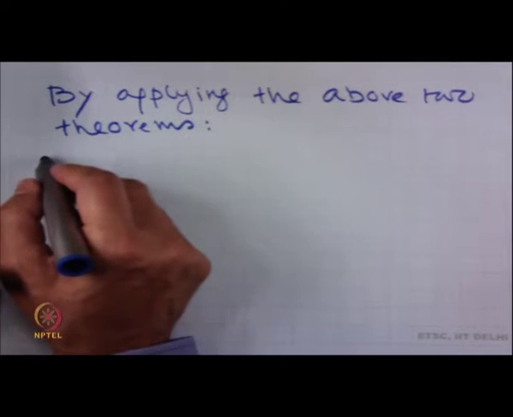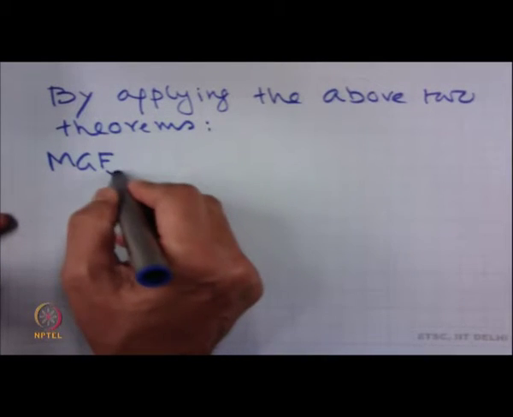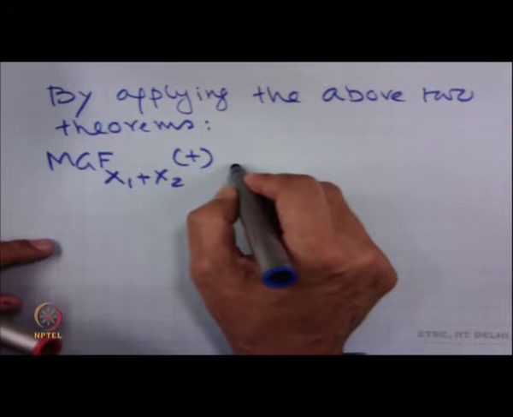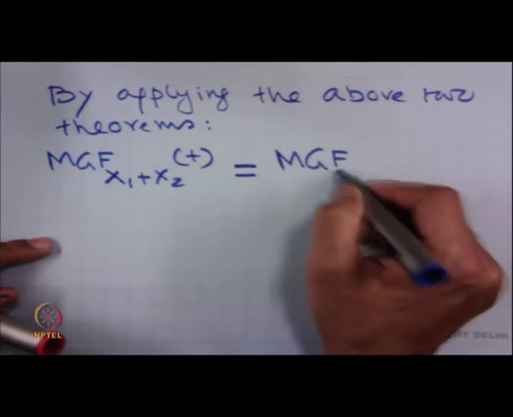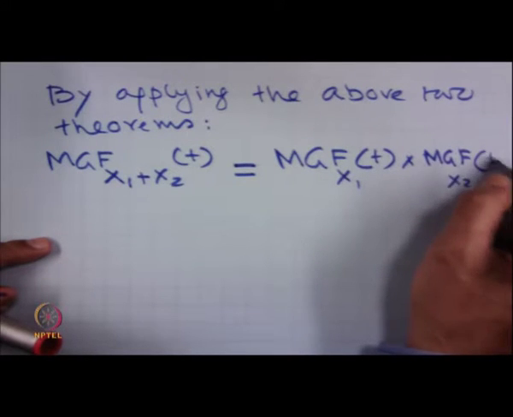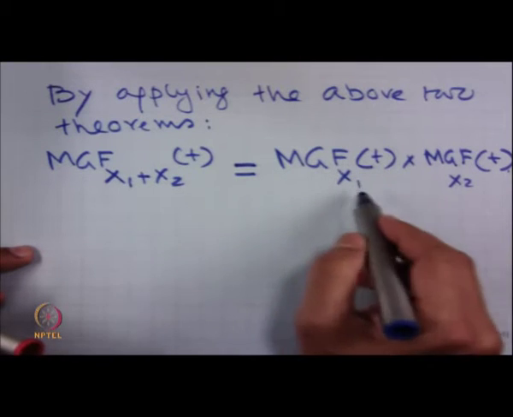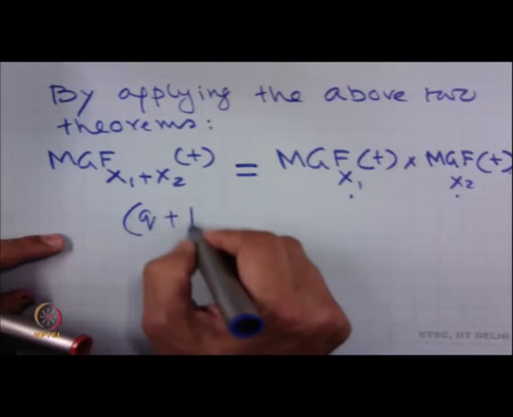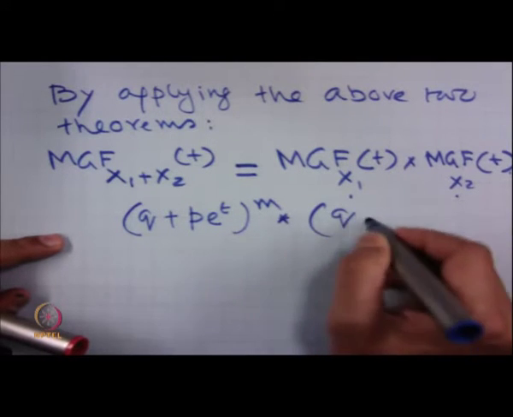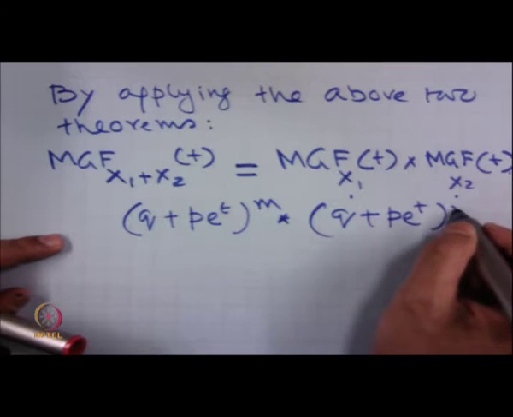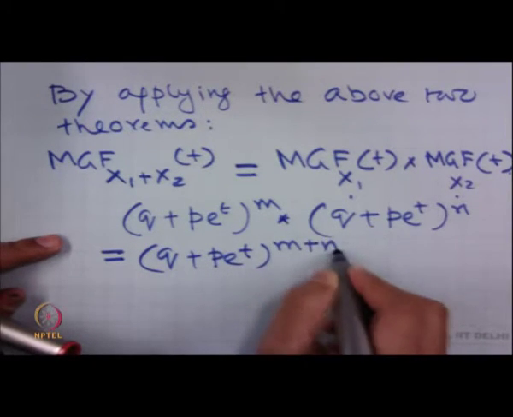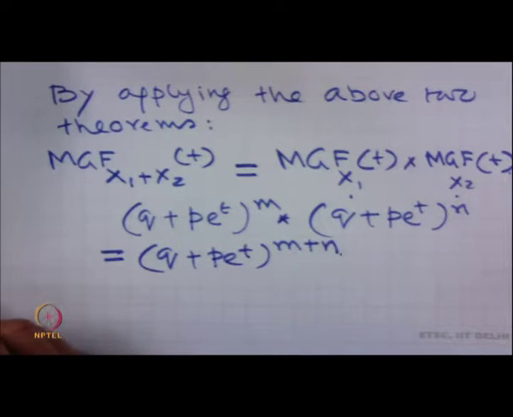we can see that moment generating function of X1 plus X2 at t is equal to moment generating function of X1 at t into mgf of X2 at t, and when they are binomial, then we can write it as (q plus p e to the power t) whole to the power m multiplied by (q plus p e to the power t) whole to the power n is equal to (q plus p e to the power t) whole to the power m plus n, with respect to the problem that I was dealing with.